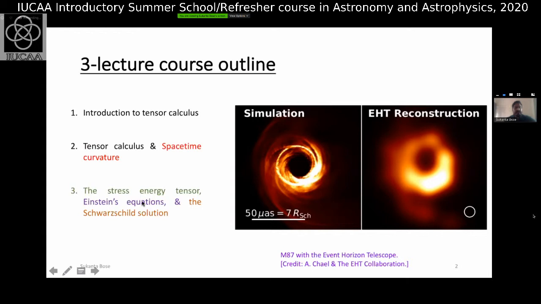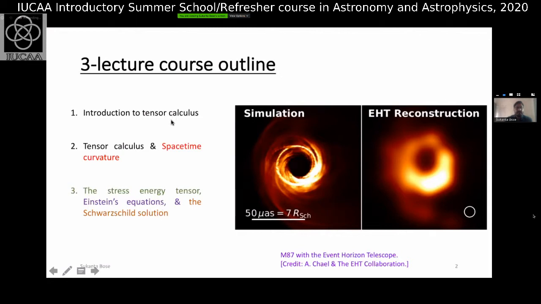In the 3rd lecture, I will talk about the stress energy momentum tensor. This tensor describes the distribution of matter, radiation, their energy and momentum fluxes, shear, and these properties locally determine how the space-time curvature will be at any given space-time point.